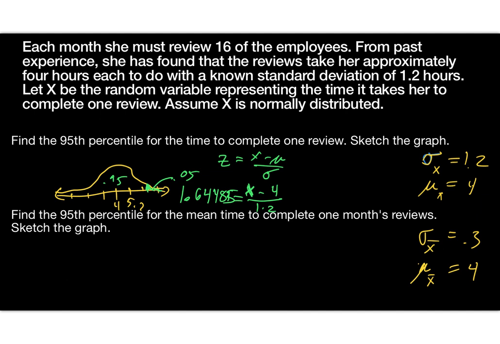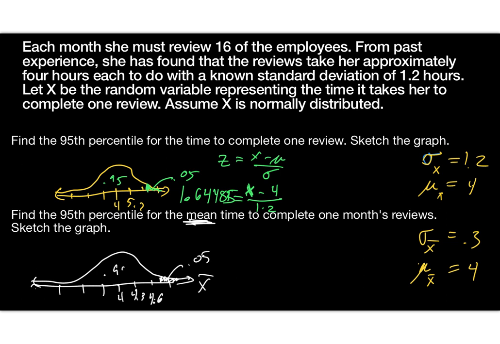Next half of the question says I have a normal curve again, because the original curve was normal, so that means that was not a very good drawing again. Better. 4, 1, 2, 3, 1, 2, 3. This is 4.3, 4.6, because these are for x bars, because it's the mean time. That area is 0.05, this is 0.95.